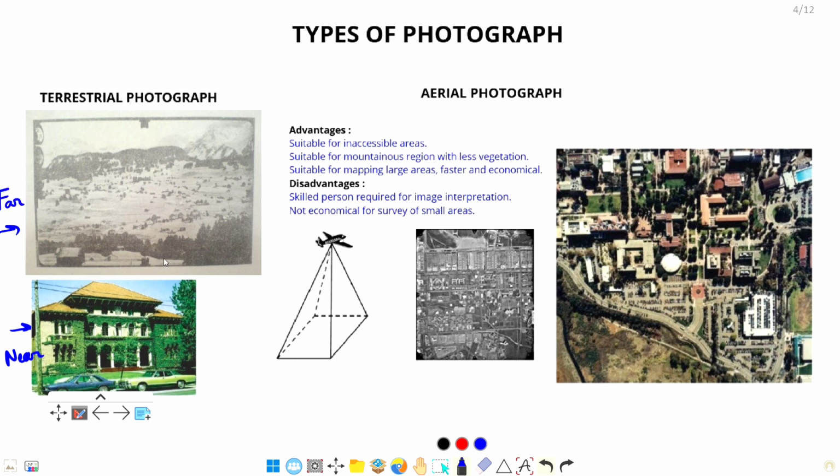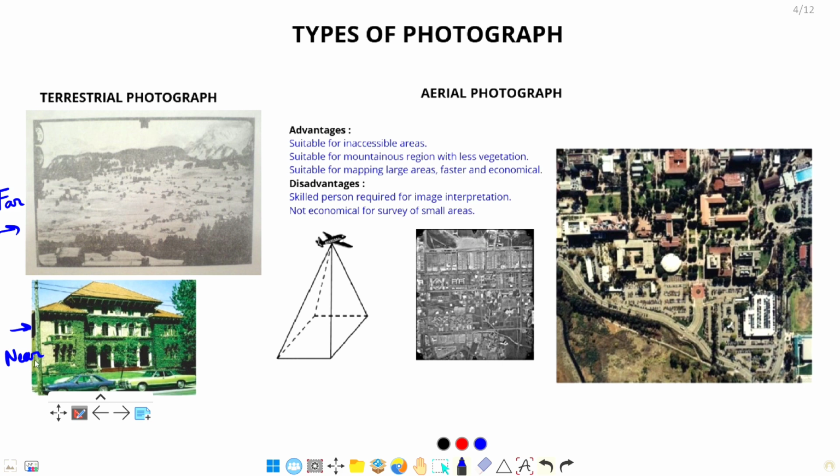This one is captured by a phototheodolite which is fixed at a place far from a mountain and captured the landscape and mountain both. But here, the photo is being captured by a phototheodolite from near a building.